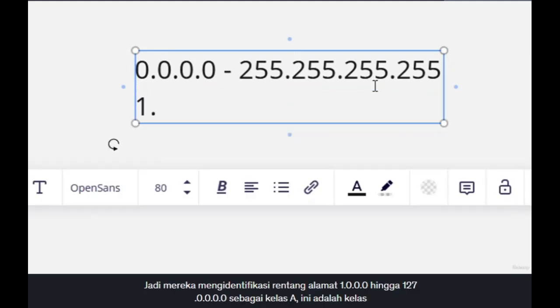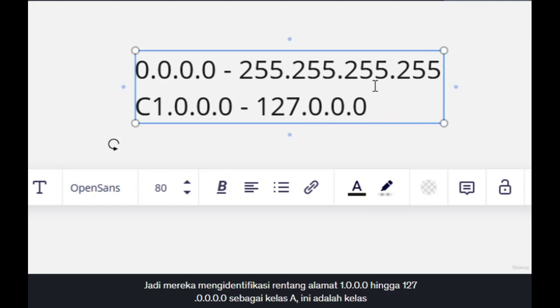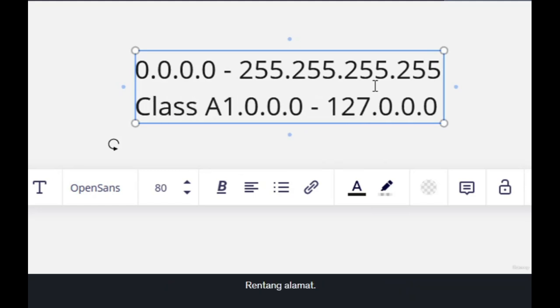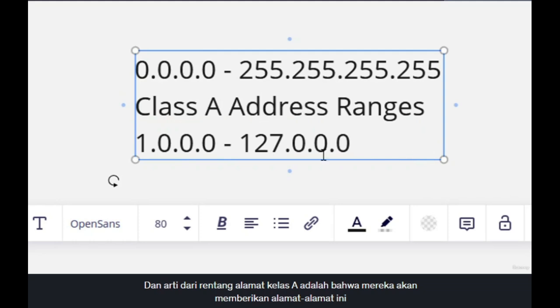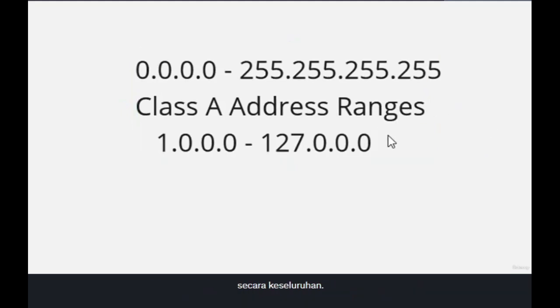And so they identified the 1.0.0.0 through 127.0.0.0 address ranges as class A. These are class A address ranges. And what a class A address range essentially means is that they are going to give out these addresses as a whole.